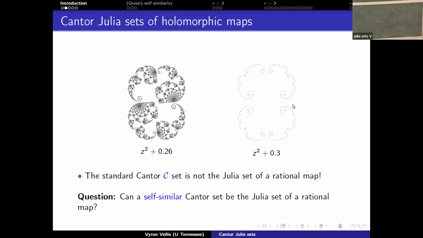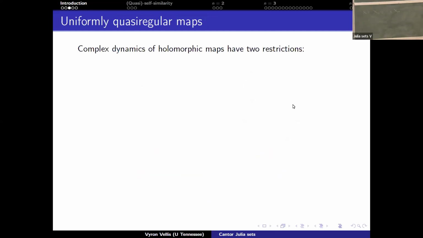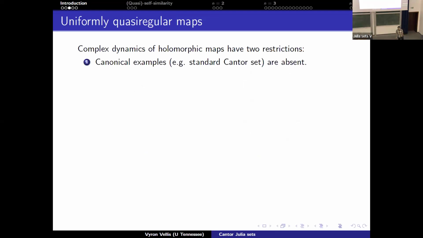All right. Now, from a fractal geometry point of view, which is my area, classical complex dynamics has 2 restrictions. The first one is the one that I've already mentioned, that canonical examples, such as the standard Cantor sets, and probably the Sierpinski carpets and the Sierpinski gaskets, are not part of this theory.